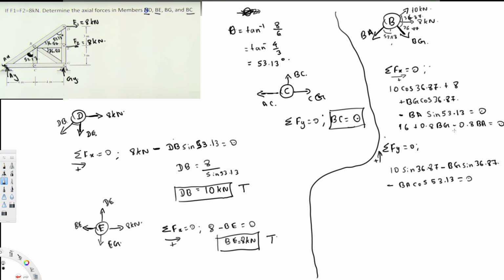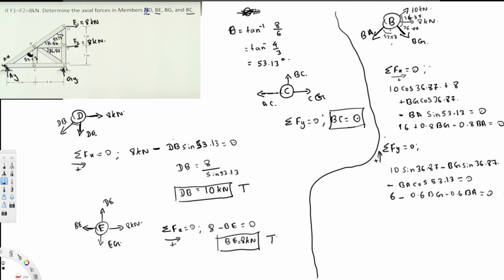And for the other equation, if you put all these angles in the calculator, you will get 6 minus 0.6 BG minus 0.6 BA is equal to 0.